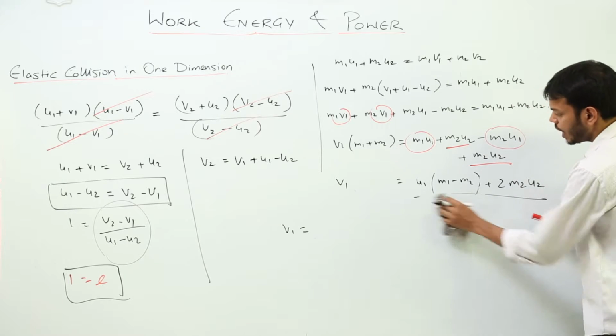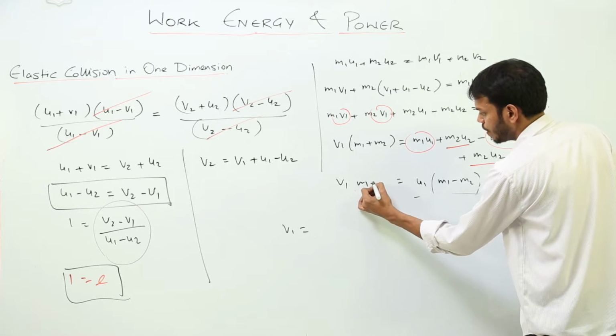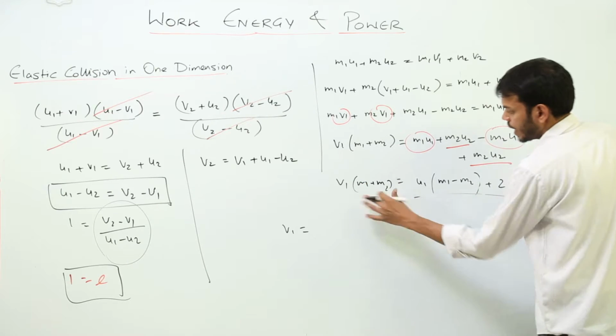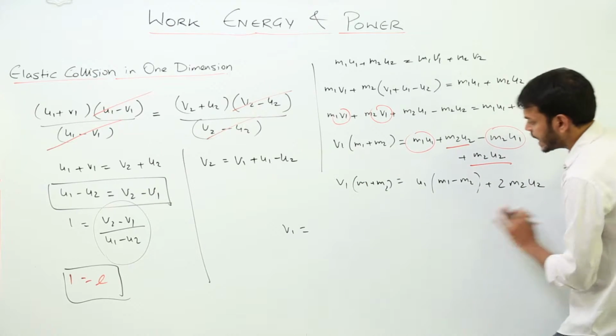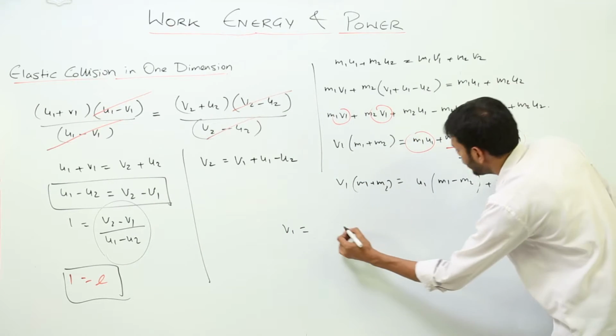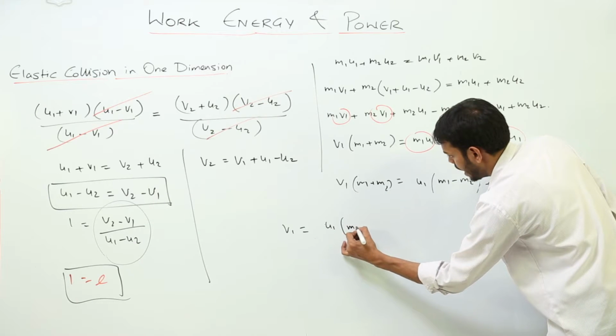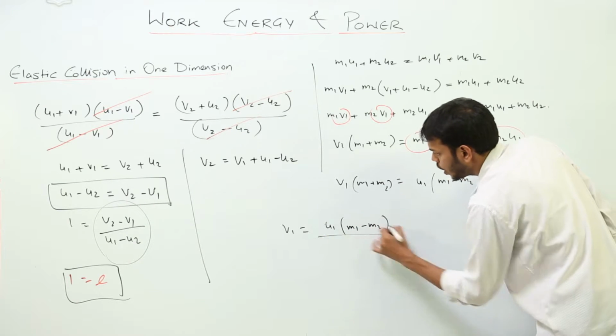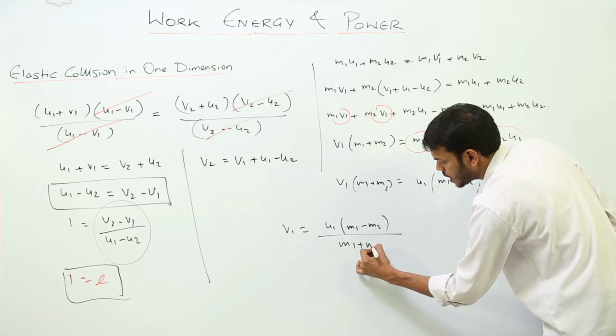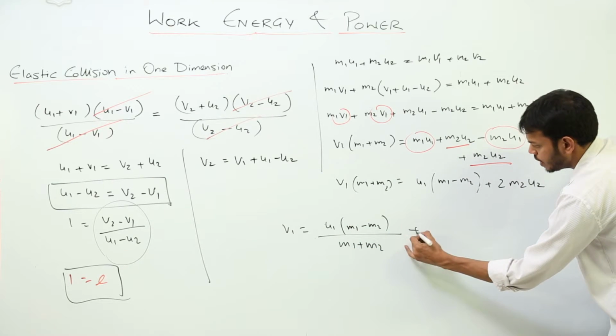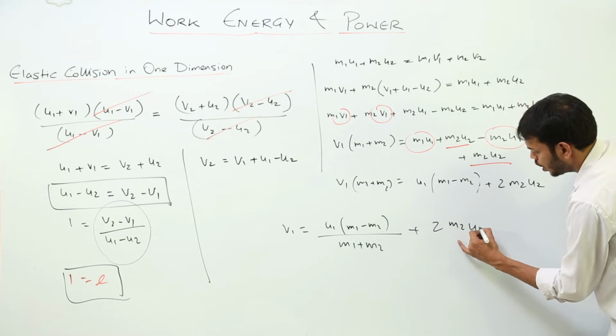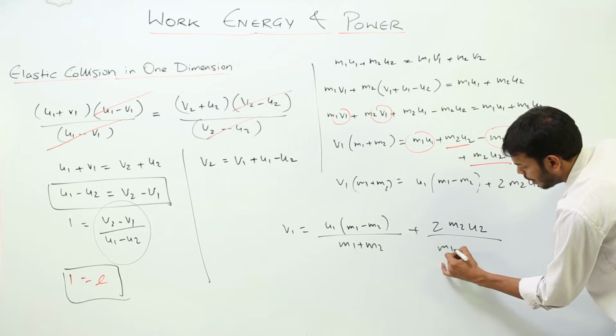So I won't disturb this equation here, which was m1 plus m2. I am going to do what I just said, and the final value of v1 would be u1 (m1 minus m2) upon (m1 plus m2) plus twice of m2 u2 over (m1 plus m2).